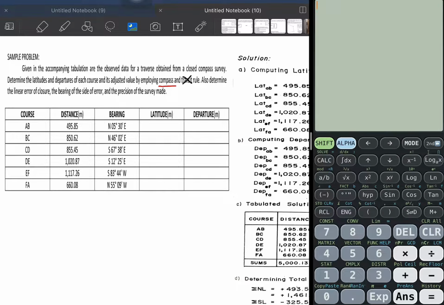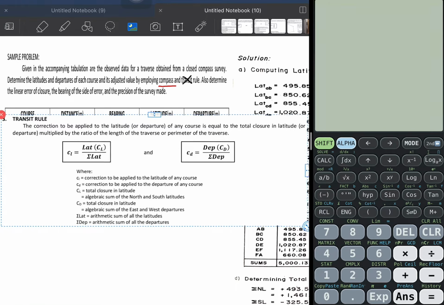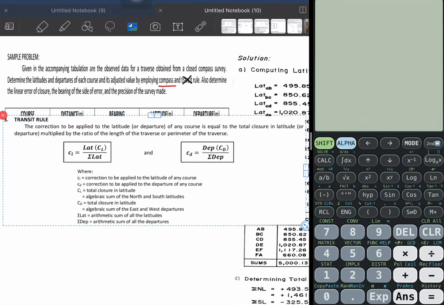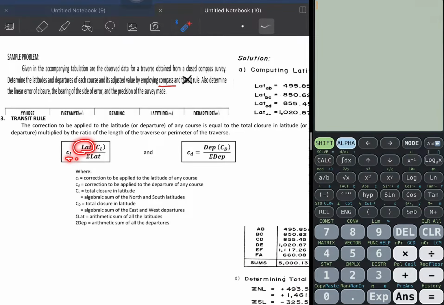For the transit rule, you have this formula. So if you use transit rule for your assignment, you have to use this formula. Small letter CL is equal to the latitude of any course or latitude of that line multiplied by the total closure in latitude divided by the summation of all latitude in the traverse.